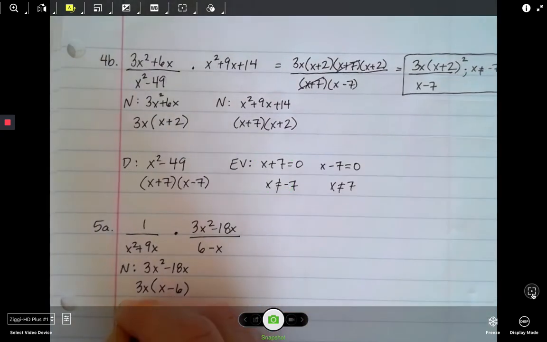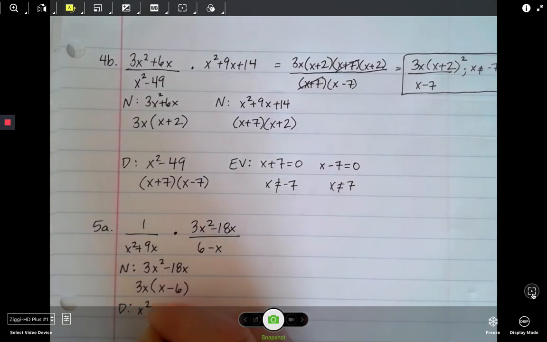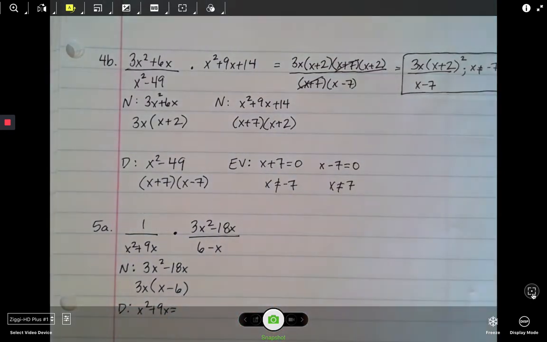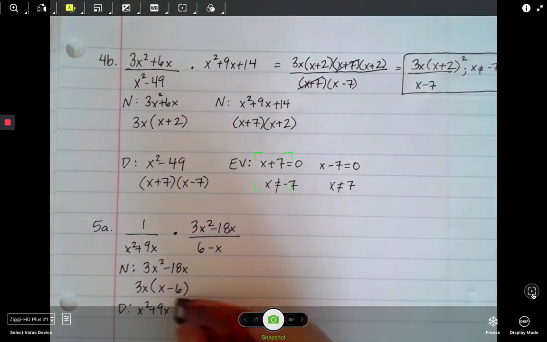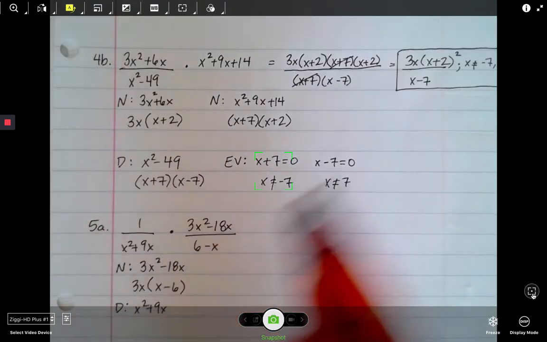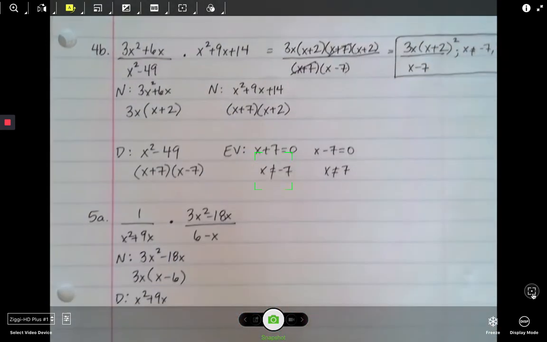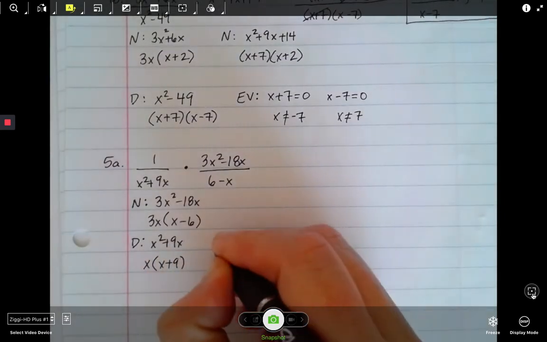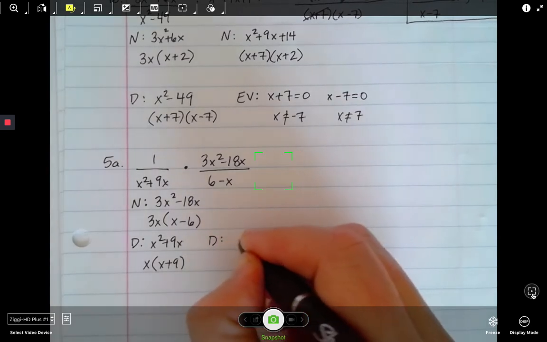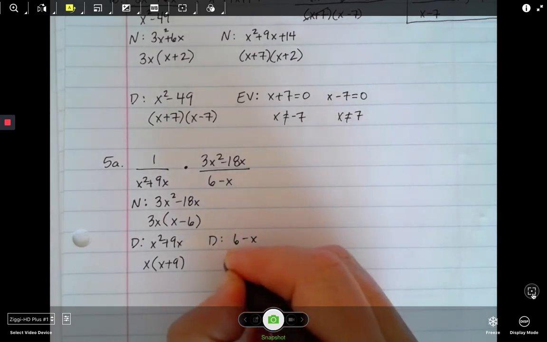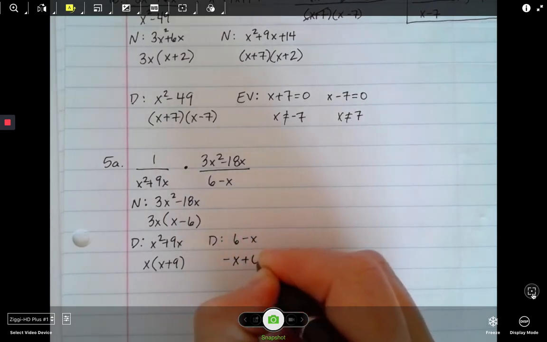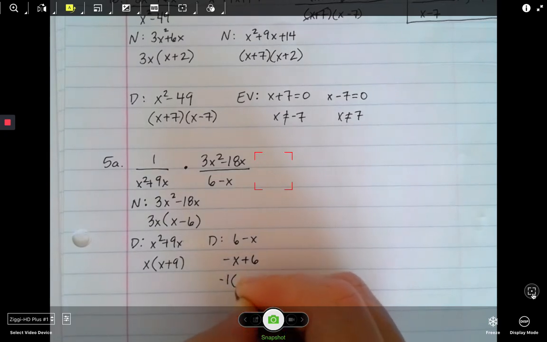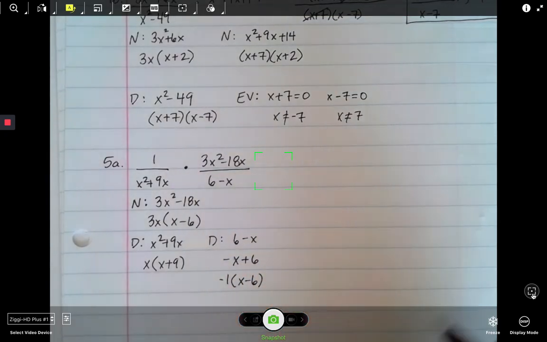For my denominators, I've got x squared plus 9x, oops, I didn't mean to put the equals. I was getting ahead of myself. They have an x in common, so I can factor out an x. Denominator 2 is 6 minus x. We're going to rewrite this as negative x plus 6 and factor out a negative 1. Give me x minus 6.